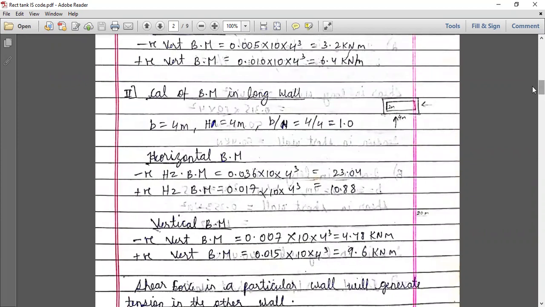Just check the values whether they are correct or not. If anything is incorrect, then you can let me know.